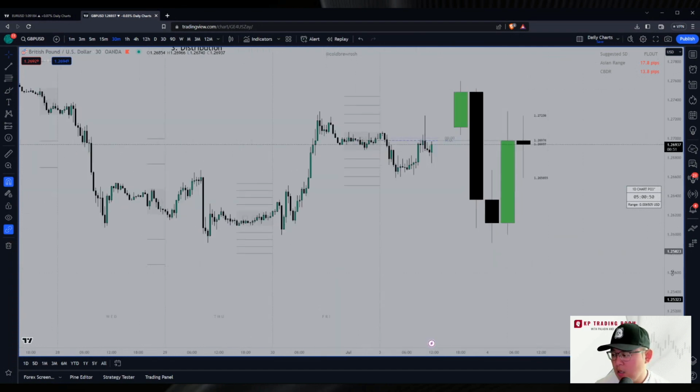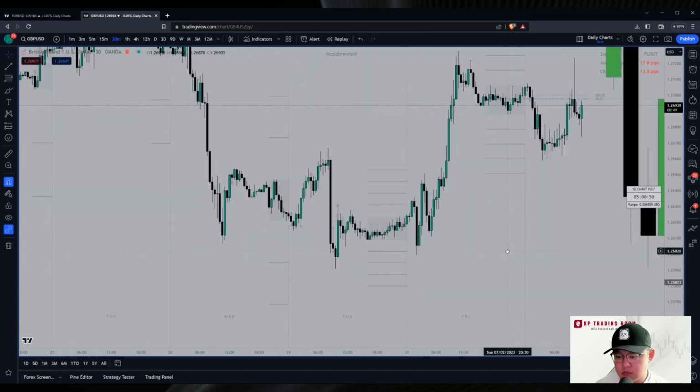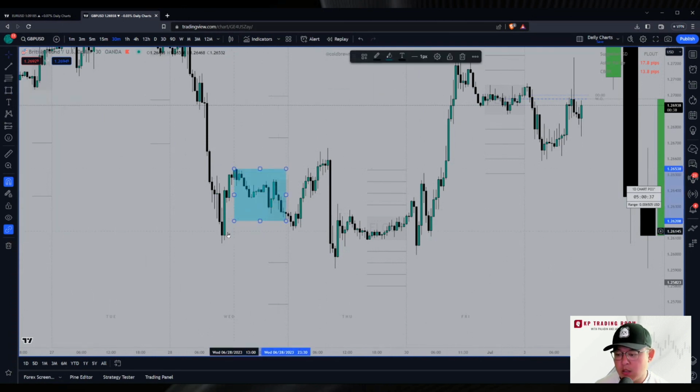So we can pretty much see the Asian range is our accumulation, right? This whole block of price action can be seen as accumulation, this range. And then we have manipulation. If we're bearish on that day specifically, we have manipulation to the upside and then distribution.